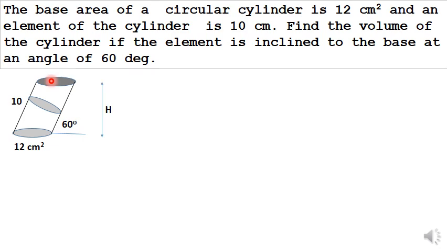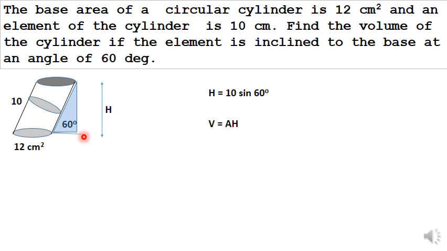Now we know that if we have a cross-sectional area, we need only multiply it by the vertical height of that solid to compute the volume. The question is, what is the vertical height? We can compute it because we have the slant height, which is equal to 10. The angle is equal to 60 degrees. The opposite side may be computed using the sine formula, so the height will be equal to 10 sine of 60.